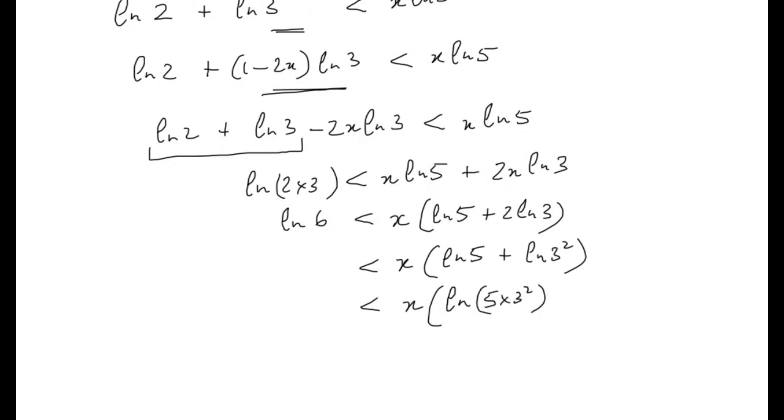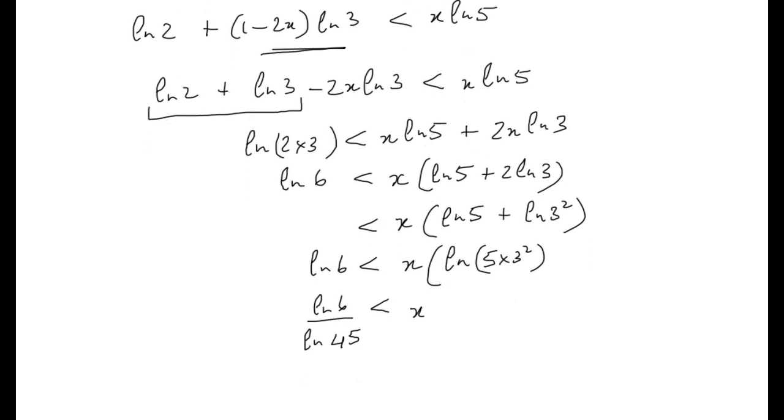And on this side, we still have log 6. And finally, x is log 6 by log of 5 into 3 squared, 5 nines are 45. I'm leaving it this way because they've asked for exact solutions. So x is greater than log 6 by log 45.